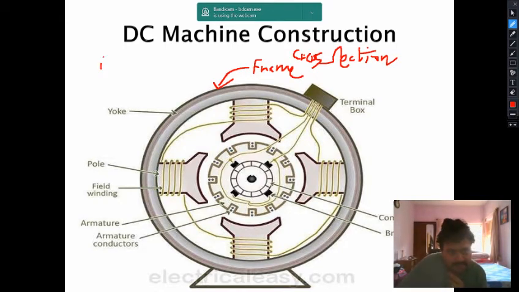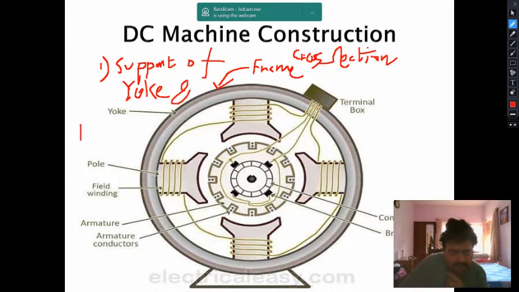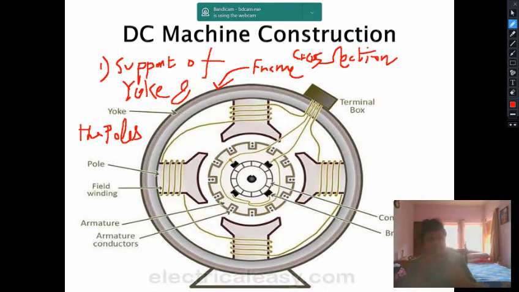The first purpose is support of the yoke and the poles. So the purpose of the frame is to support the poles and the yoke.